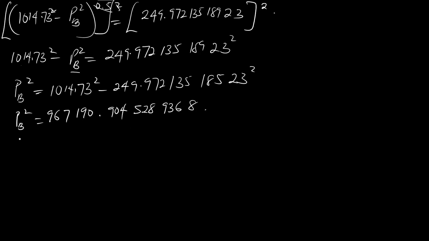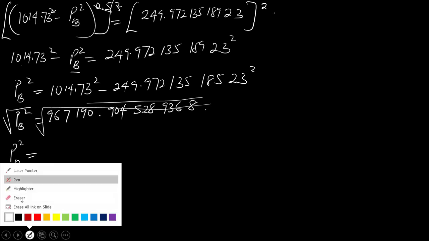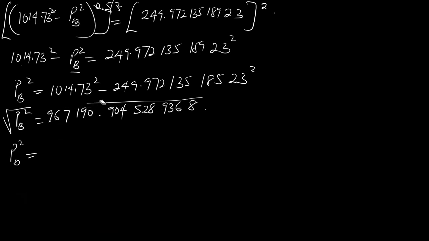So let's take the square root of both sides. Sorry, the square root of both sides. How PB square will now be the square root of both sides.